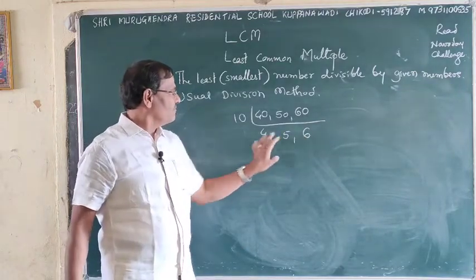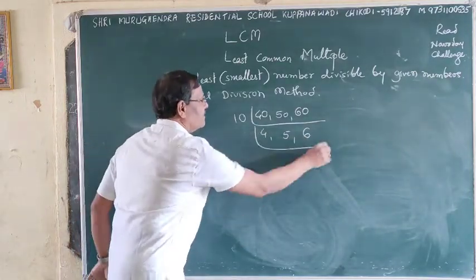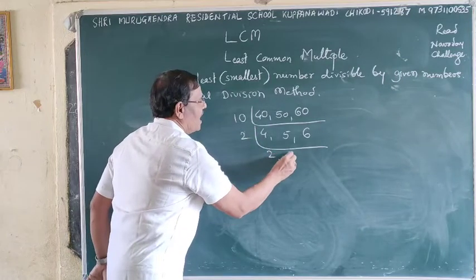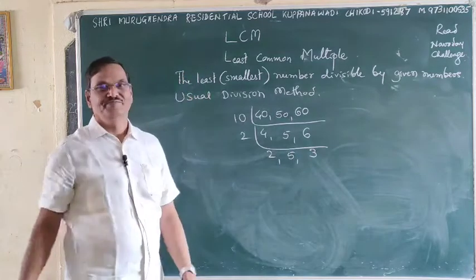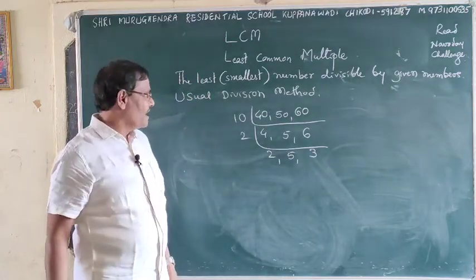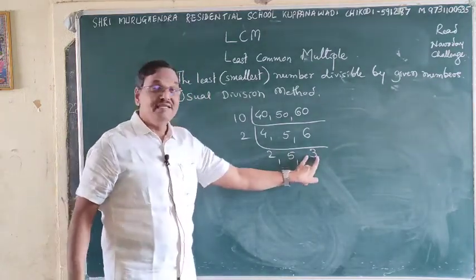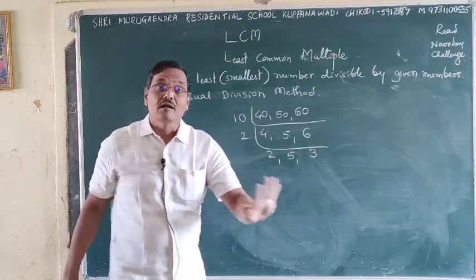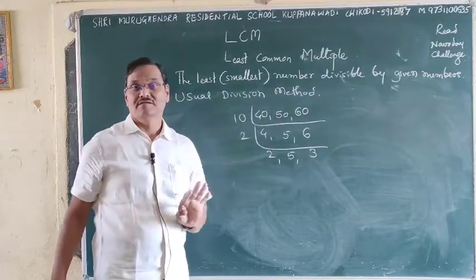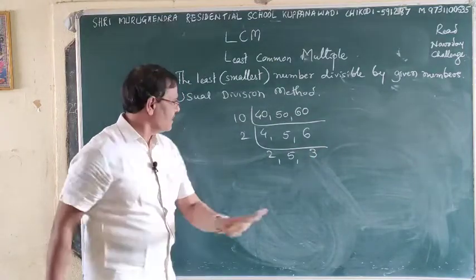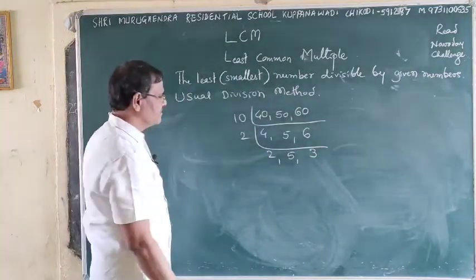Now, 4 and 6 are in the same table. 2 2s are 4, 5 same, 2 3s are 6. Isn't it? Now, 2, 5, 3 are not common prime numbers. They are different prime numbers. Understood? Then write all those.